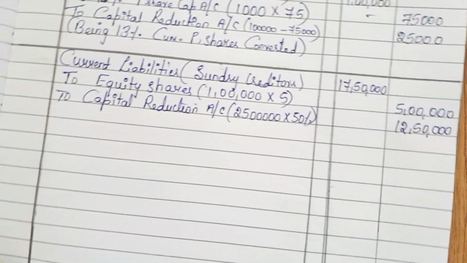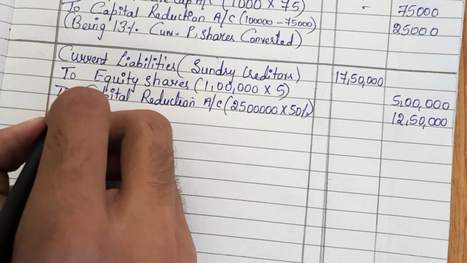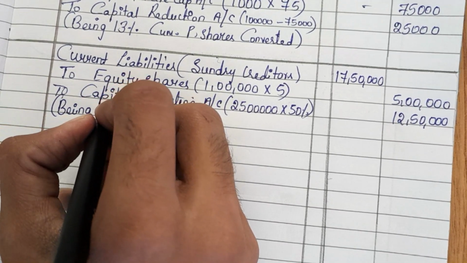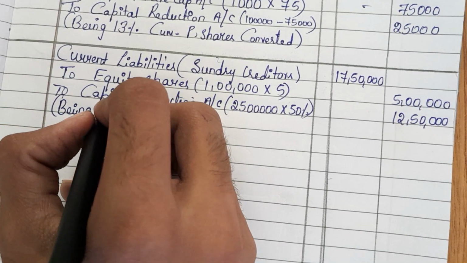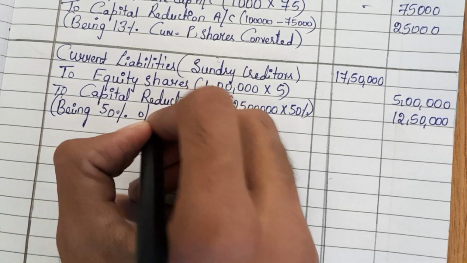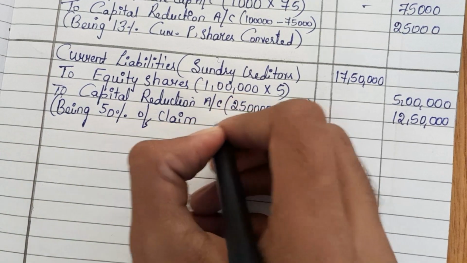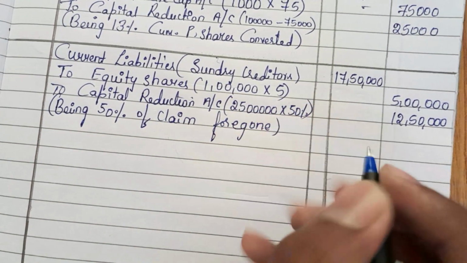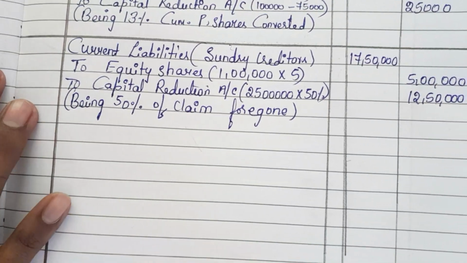This is the sundry creditors liability. So the narration will be: 50% of claim foregone. So they are sacrificing 50% of the claim. This is the third journal entry.